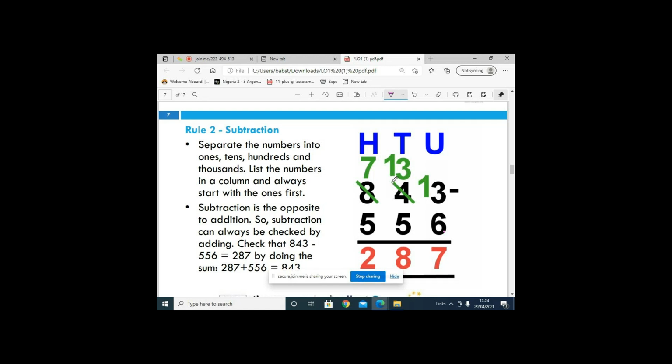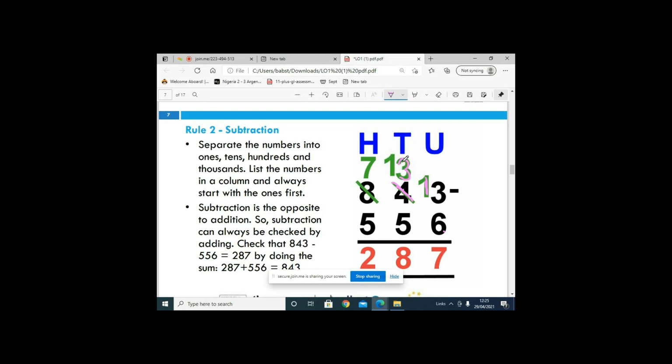So you take 1 away from this 4, so it's going to be left with 3. You put the 1 that you took away from that 4 here. So 13 minus 6 gives you 7. Don't forget that you took away 1 from this 4. So there's 3 left here.